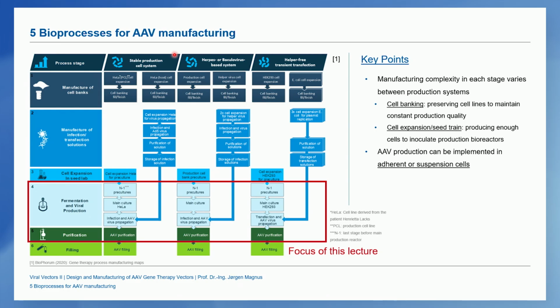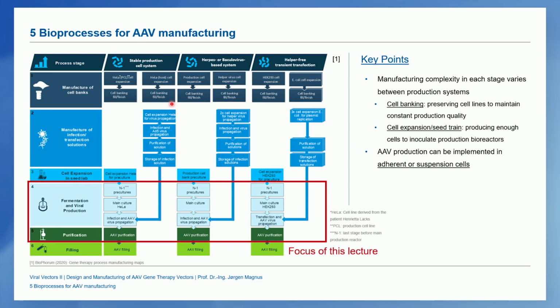And then you also need to produce your adenovirus, which is another master cell bank, or a master virus bank in that case, that you also need to add in your infection process here. So that becomes more complicated and has several more elements.